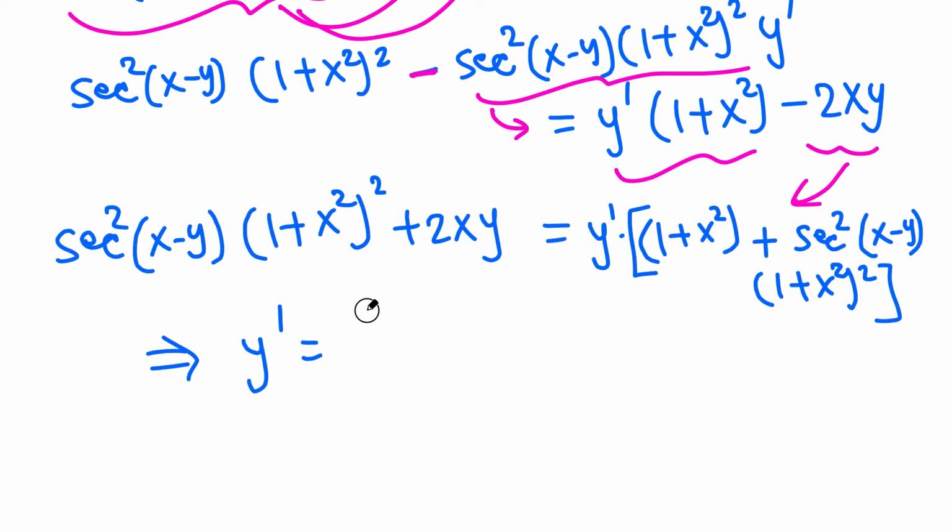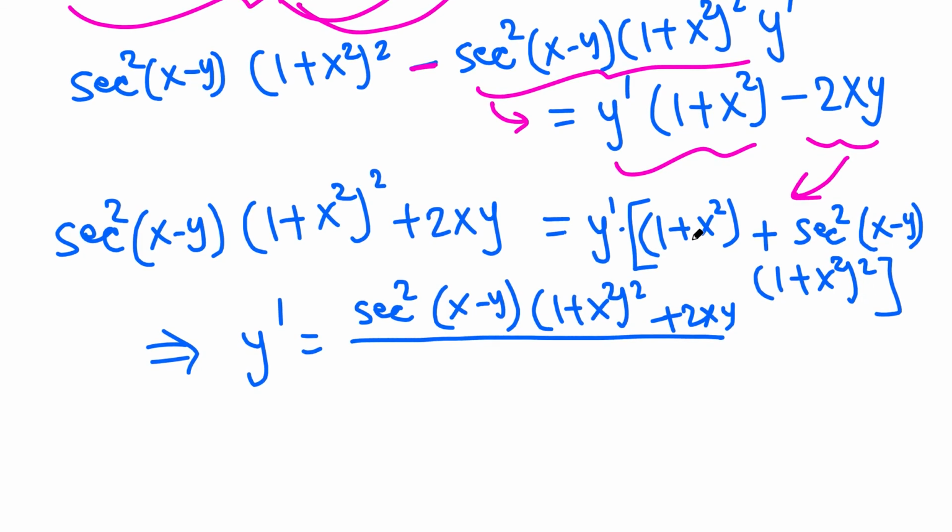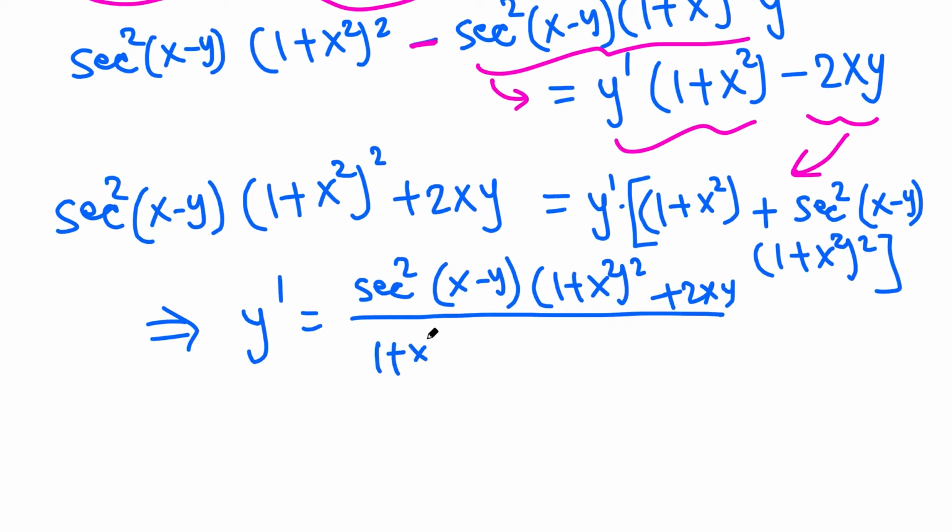So y prime is secant squared of x minus y times 1 plus x squared quantity squared plus 2xy, all over this quantity inside the bracket, which is 1 plus x squared, parenthesis not needed because there is nothing to distribute, plus secant squared of x minus y times 1 plus x squared, squared.